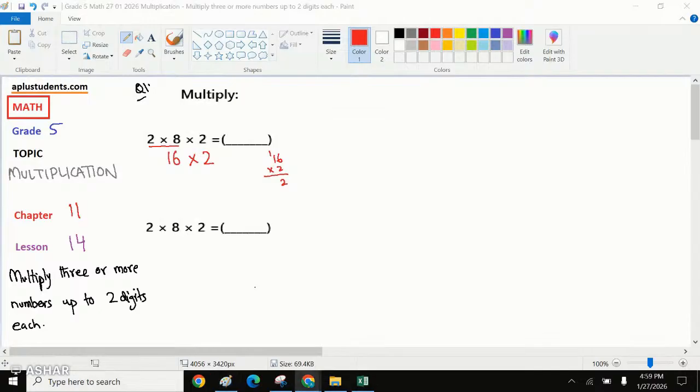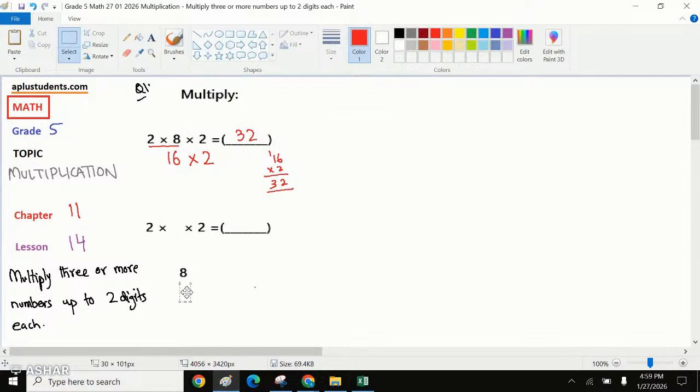That means 2 times 1 plus 1 gives 3, so this comes out to be 32.